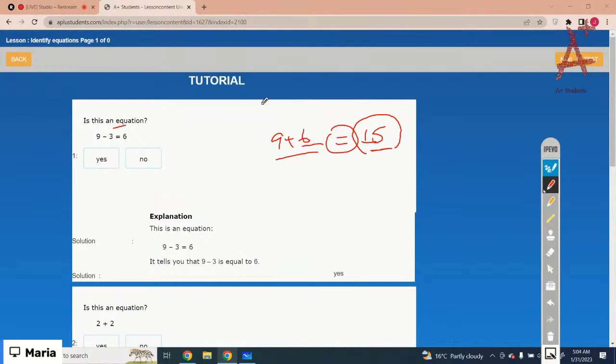Basically, equation means equality sign. Is there an equality sign between two mathematical expressions? Then that means this is an equation. Like for this one, yes, this is an equation. Got it? Just look at this one. Is this an equation? No, this is not an equation. You don't have any equality sign here or a number like this, so this is not an equation. Got it?